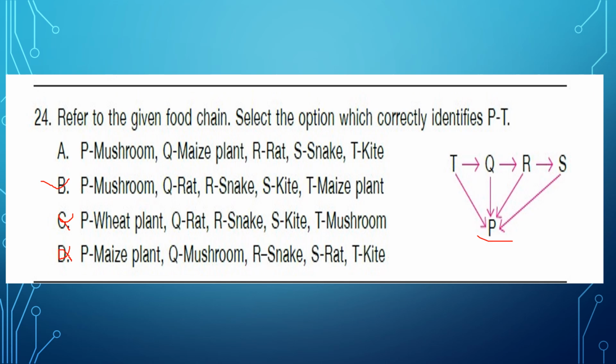Here Q is rat and Q eats T, that is maize plant, and R is a snake that eats rat. S eats R and S is kite, which can eat snake. So our answer is option B.